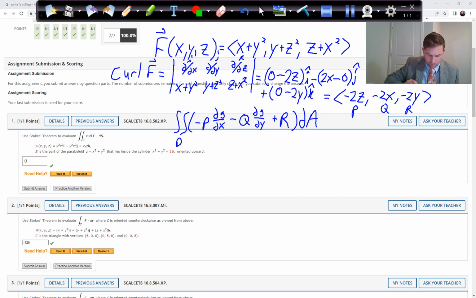So in this problem, we need an equation for z. We're not given an equation for z. We're given C is a triangle with vertices 5, 0, these 3 points. So basically we have a picture in 3 dimensions here where we're going to 5, 5, and 5.